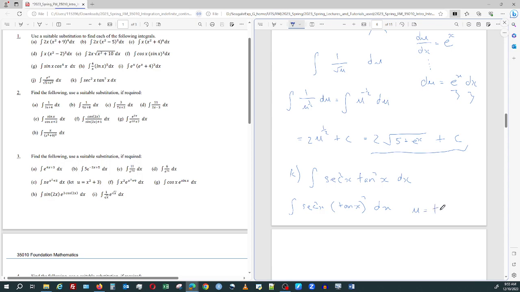And why did we pick tan x? Because we're being active in our response to this. Our differential of tan is sec squared, so we're being active in observing and recognising that, and that's going to become our substitution.